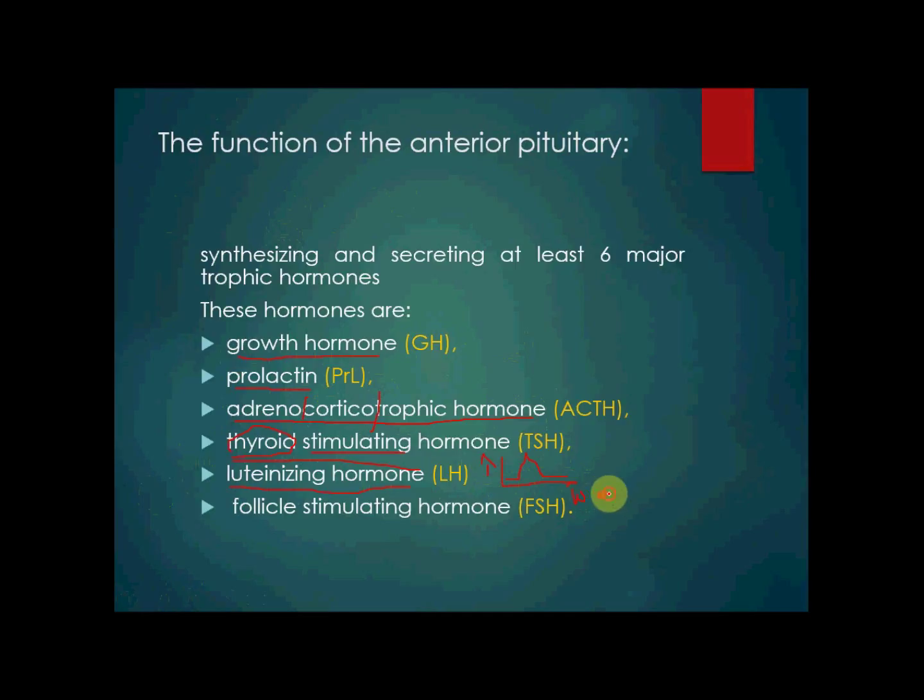So in the middle of the month, from 0 to 4 weeks, in the middle of this period, ovulation happens. This happens in the menstrual cycle for women.